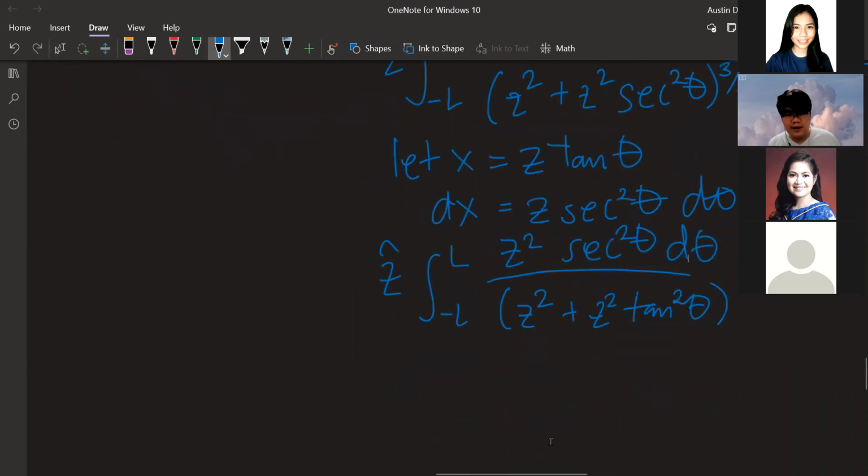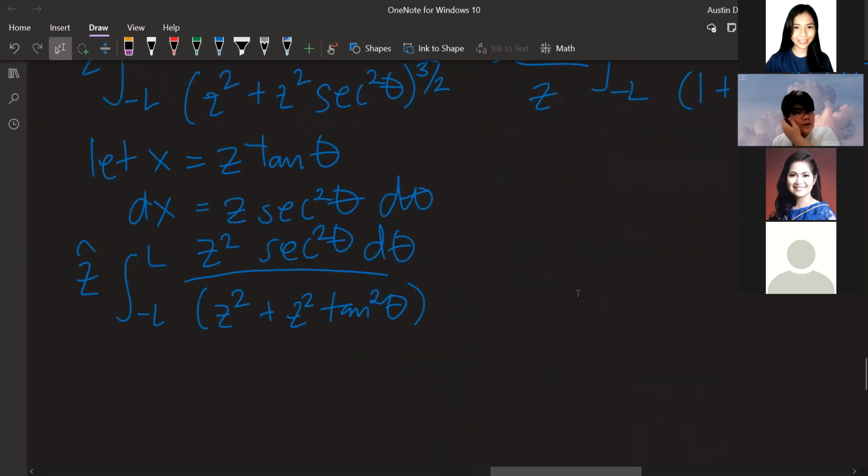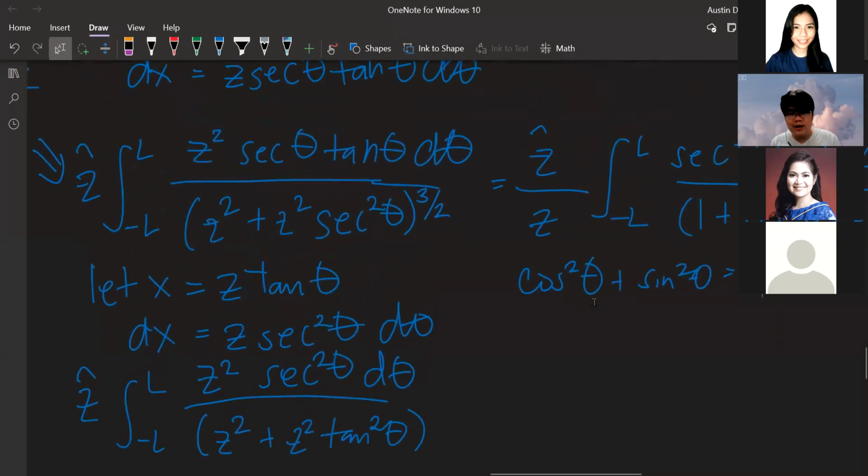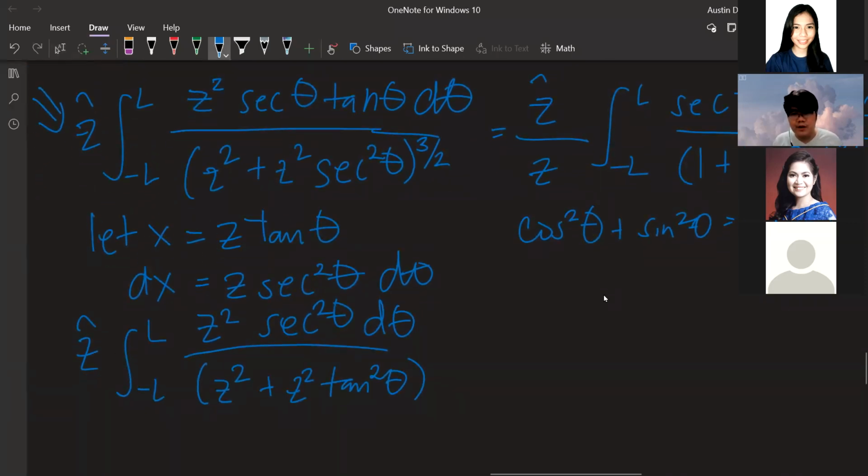Okay. Cosine squared plus sine squared theta is just 1. And if we're gonna divide things out with cosine squared theta. I'm just deriving things out. This is 1 plus tangent squared theta is the secant squared theta.